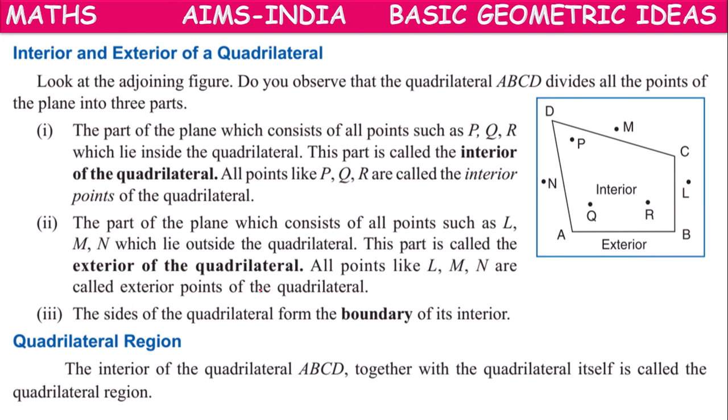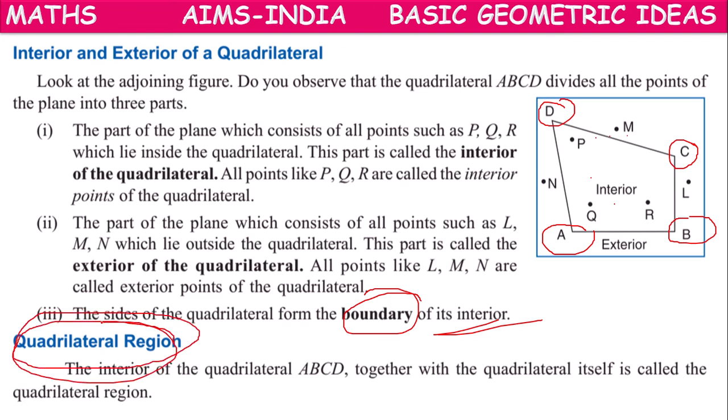Whereas the points A, B, C, D and the sides AB, BC, CD, DA form the boundary of its interior. For the interior, it acts like a boundary. The interior part together with the boundary is called the quadrilateral region, meaning interior plus boundary.